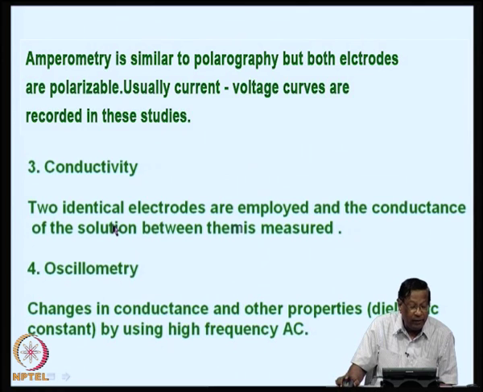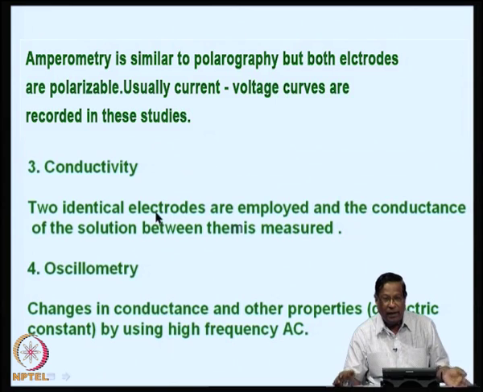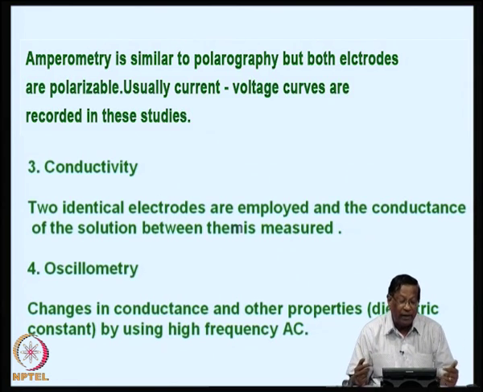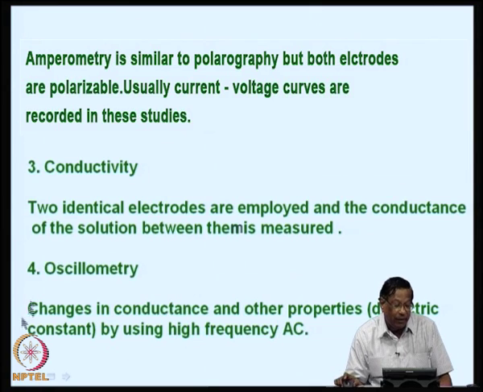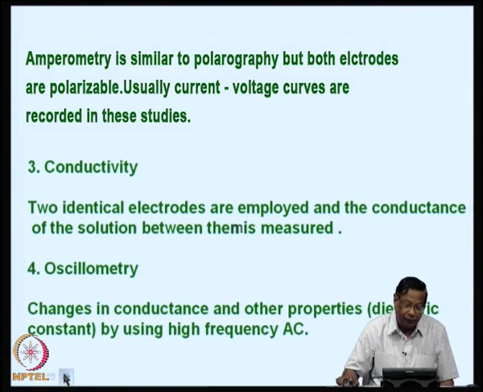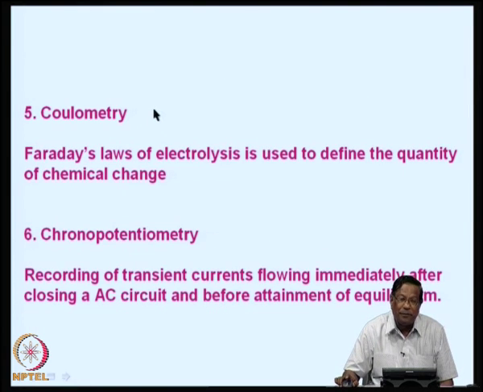So, third is conductivity. You can take two identical electrodes and the conductance of the solutions between them is measured. Oscillometry: changes in the conductance and other related properties such as dielectric constants are measured by using high frequency alternating current.